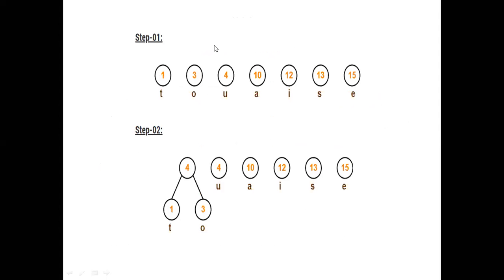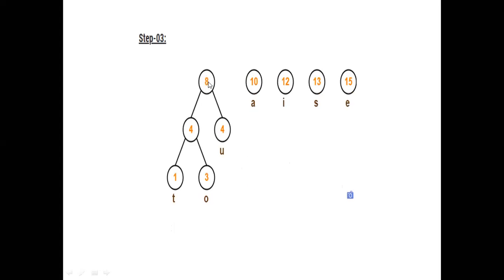So first one is 1 and 3. So you have created 4. Now this one is your new array. Second is 4 and 4. So root node is 8. Then after 8, 10, 12, 13, 15.